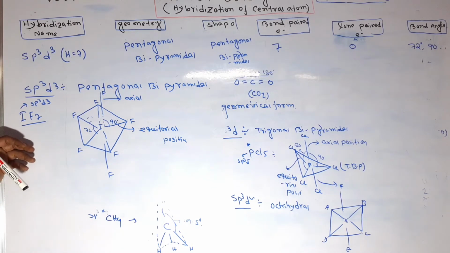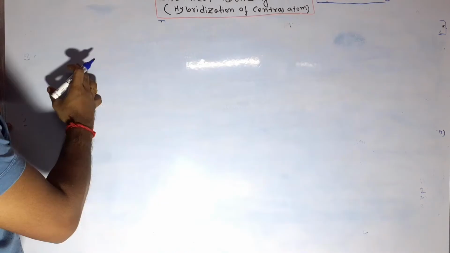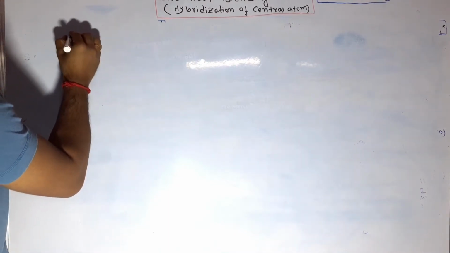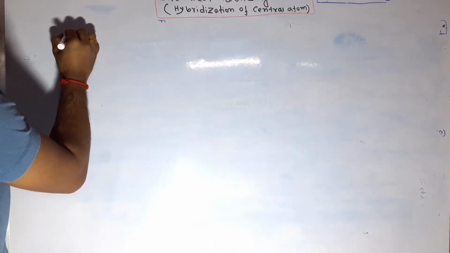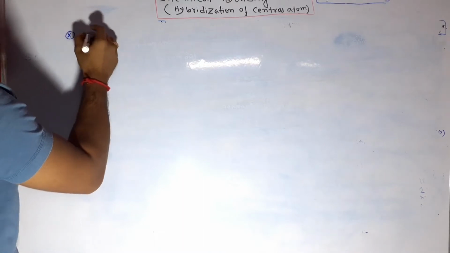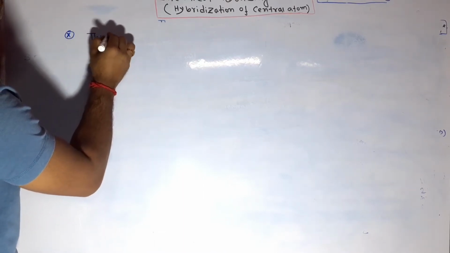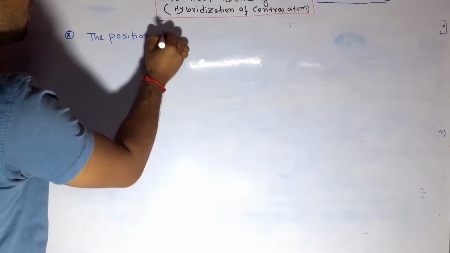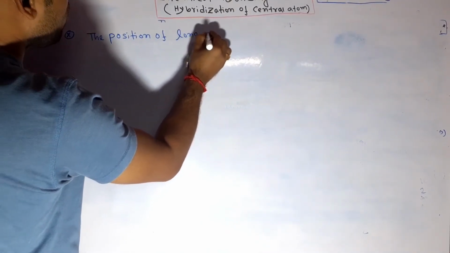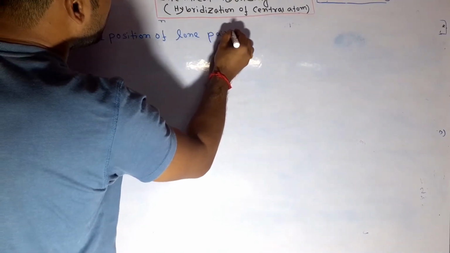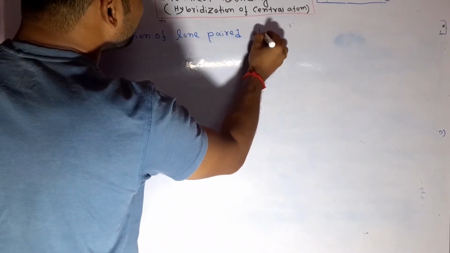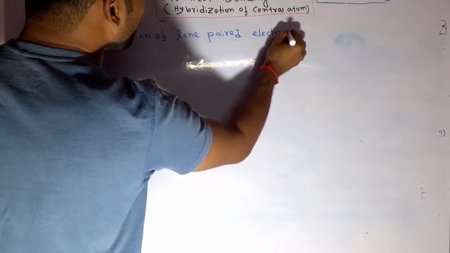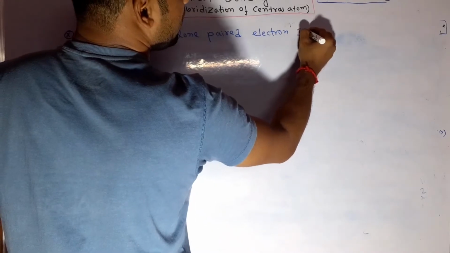Then the next, method number 2, for short topics. You should remember the position of the lone pair electron in a geometrical structure.